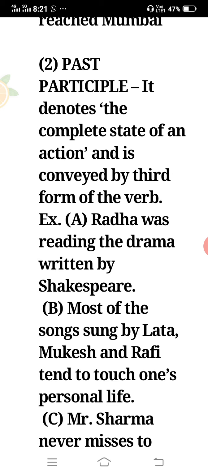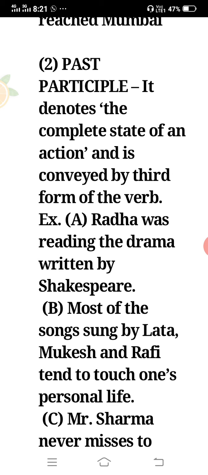So, whenever we refer to the third form of the verb, generally we say third form of the verb, but it is also said to be the participle, the past participle form of the verb, that is the third form.